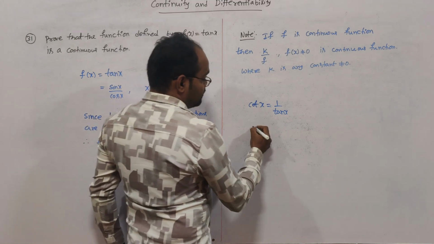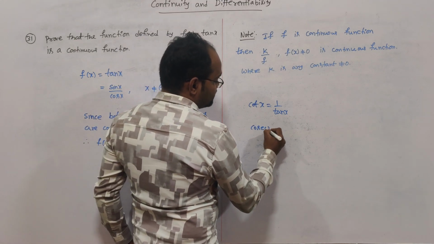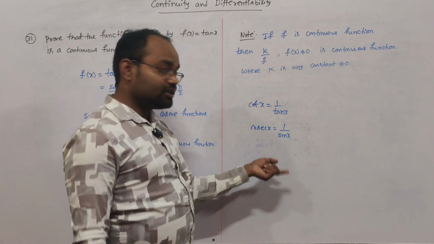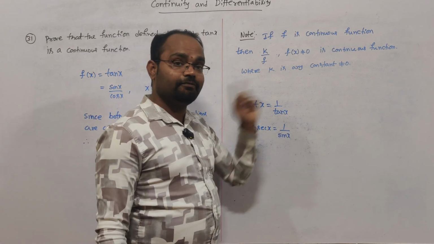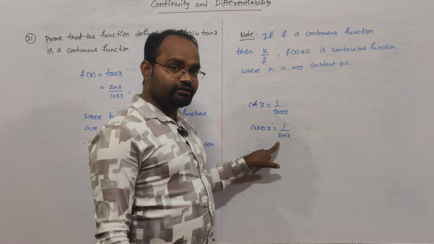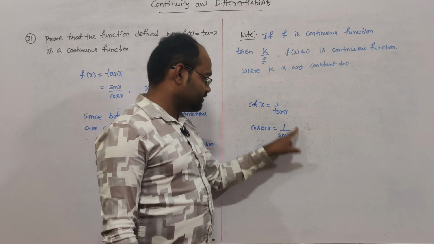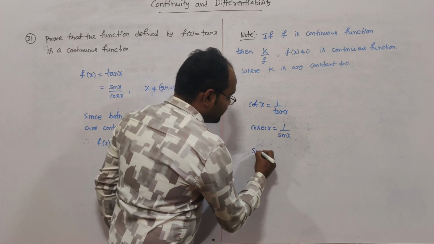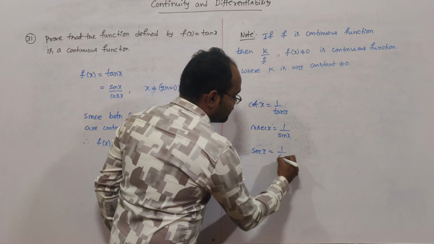In the same way, cosecant x can be considered as 1 by sin x. We already proved that sin x is continuous, so therefore cosecant x should be continuous if the denominator is not equal to 0. In the same way, secant x we can consider as 1 by cos.